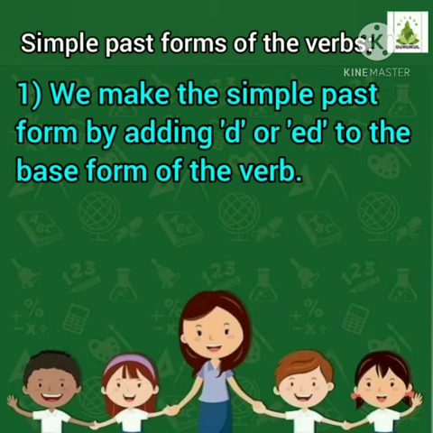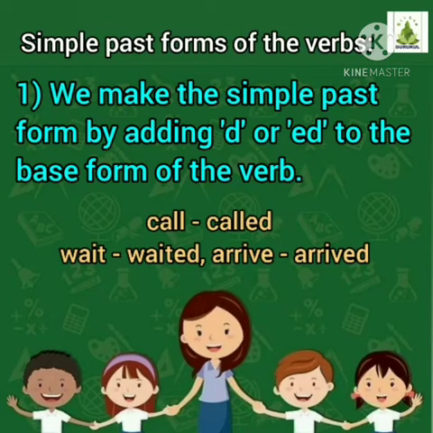First one, we make the simple past form by adding d or ed to the base form of the verb. Dear kids, basically according to this rule, we add ed to the base form of the verb to indicate the simple past form of the verb.